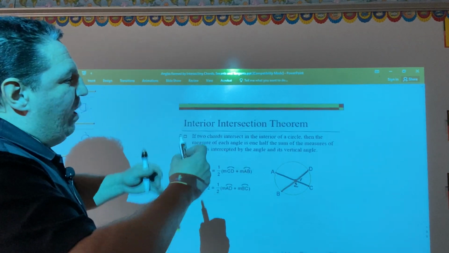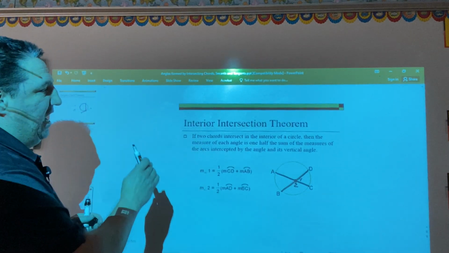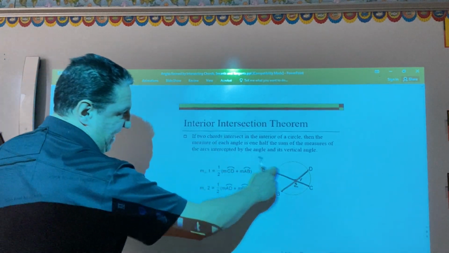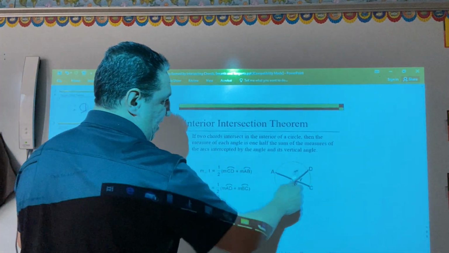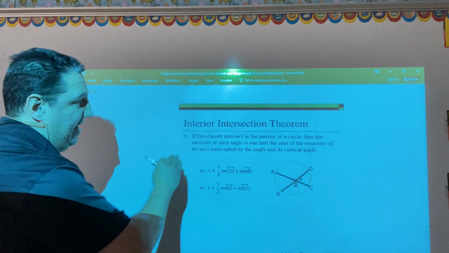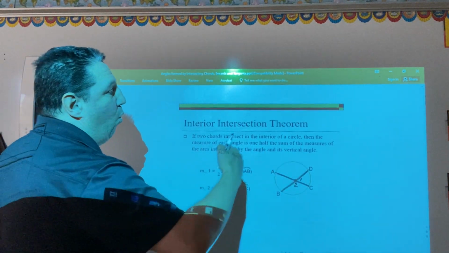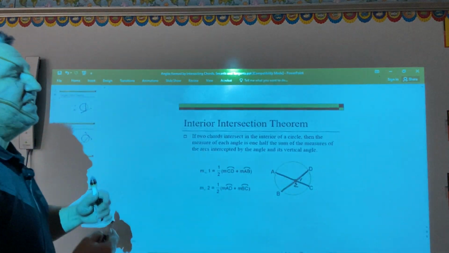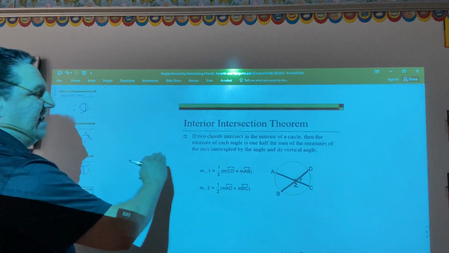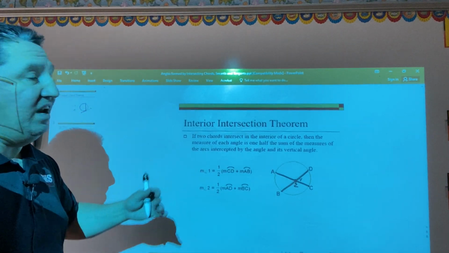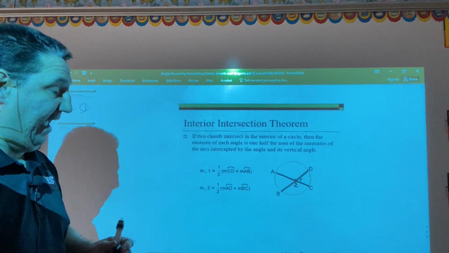Now, when we have such a case, we have a theorem. If two chords intersect in the interior of a circle, then the measure of each angle is 1/2 of the sum of the measures of the arcs intercepted by the angle and its vertical angle.